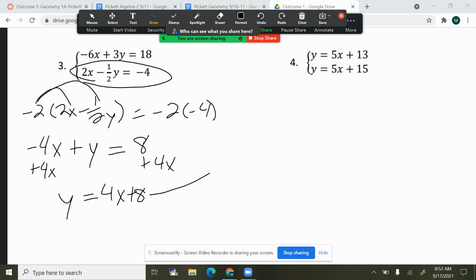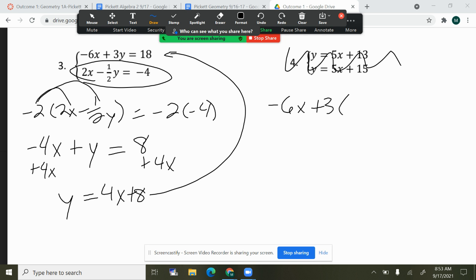Then I will substitute that into that first equation. So ignore problem number 4 for a second, I just need more room. We'll have negative 6x plus 3 times 4x plus 8 is equal to 18. All I did was substitute in what y is equal to for the y right here. All right, let's distribute.